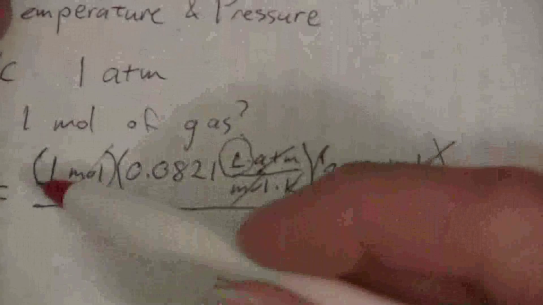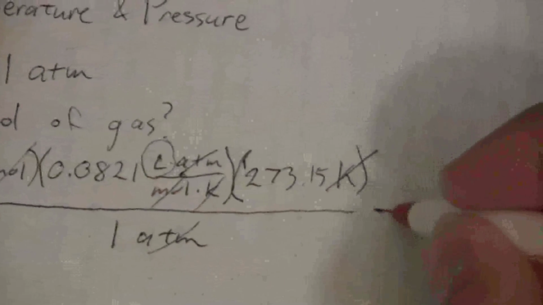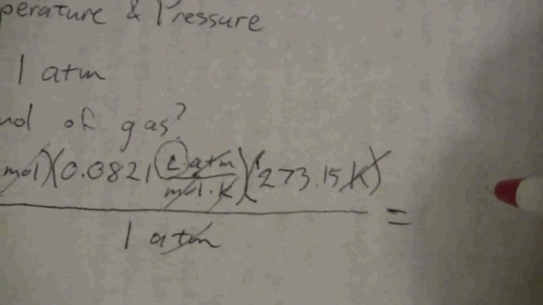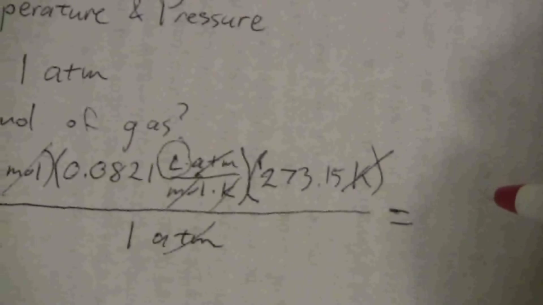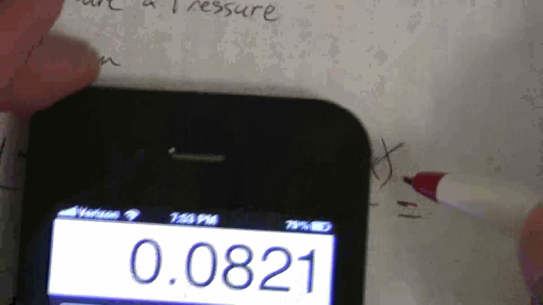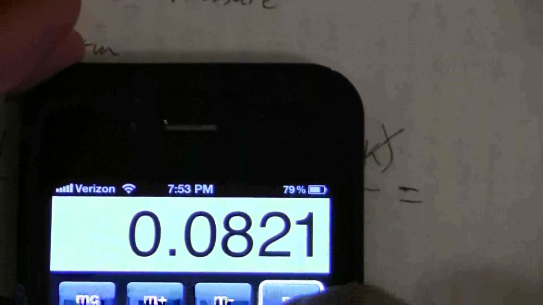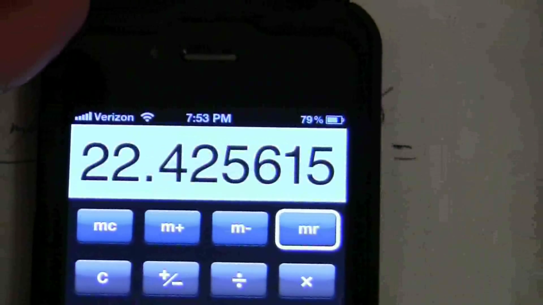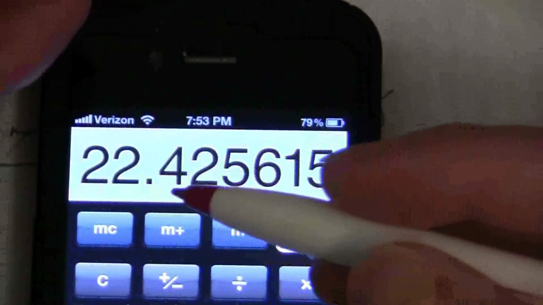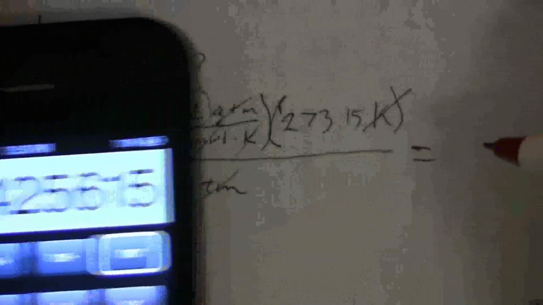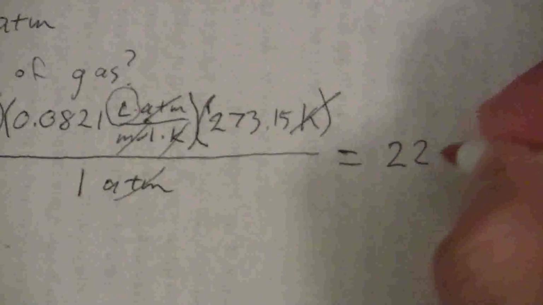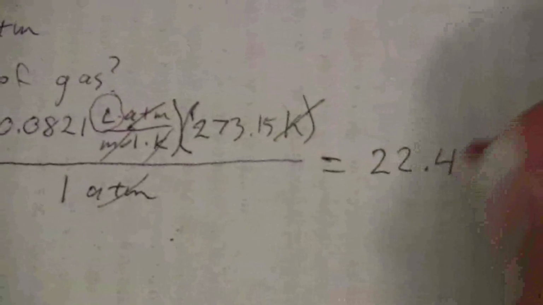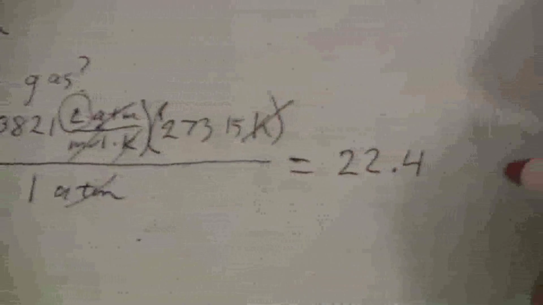So we have 0.0821 times 273.15, and we end up with 22.43, or to 3 significant figures, 22.4 liters.